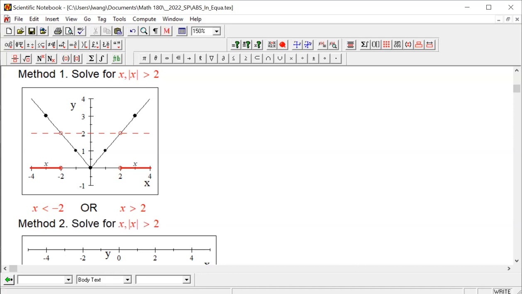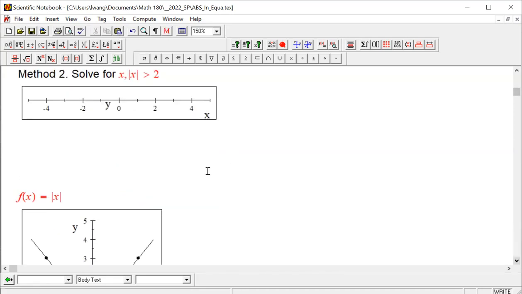We know that the absolute value of x is the distance between x and 0, the origin.